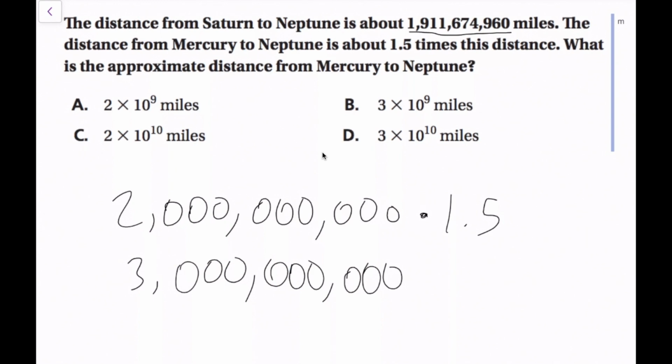Okay. Well, the quickest way would be to just count the zeros. 1, 2, 3, 4, 5, 6, 7, 8, 9. So this can be rewritten as 3 times 10 to the 9th power.